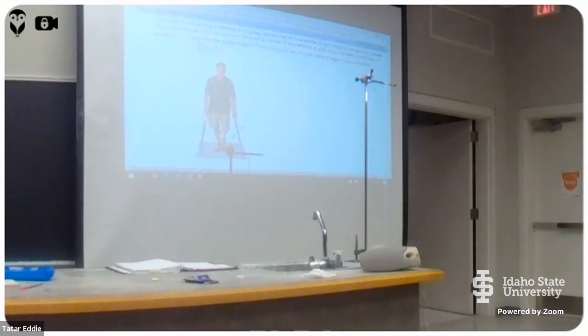Tangent of the angle that you're looking for is exactly equal to the only number that they give you, the coefficient of static friction. In other words, the angle itself is equal to inverse tangent of coefficient of static friction, and this should be the answer.